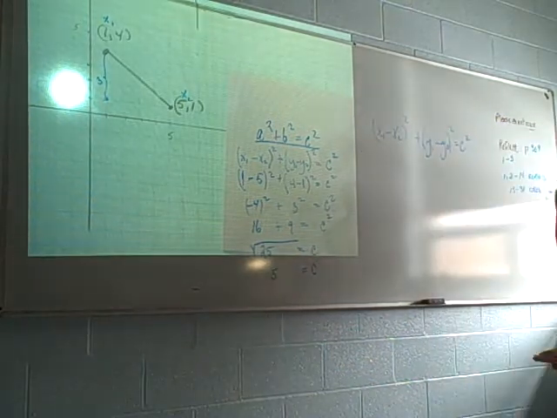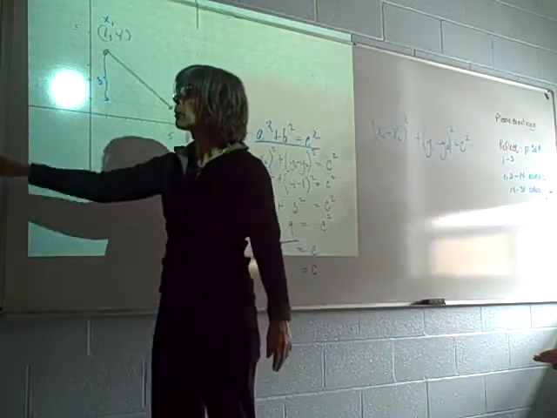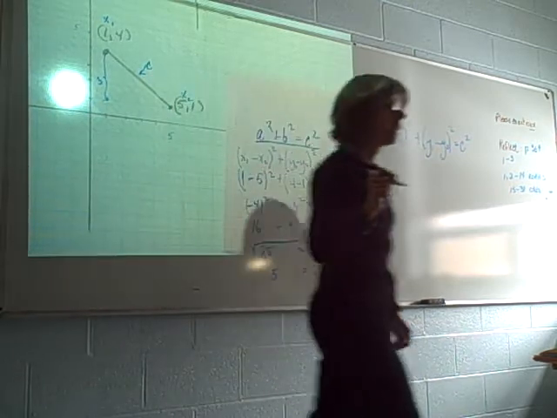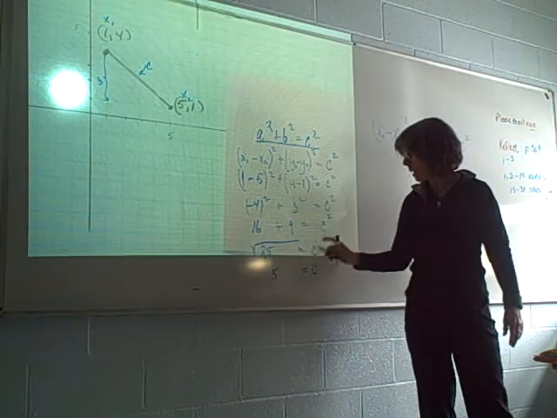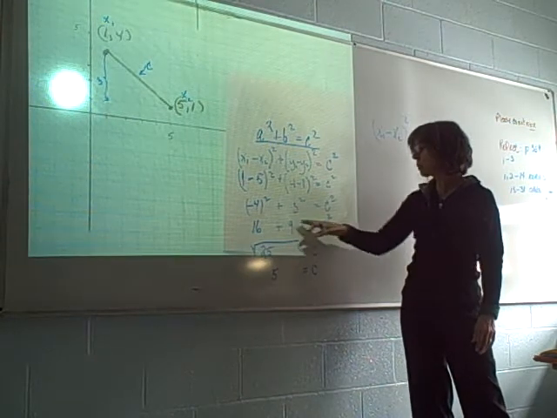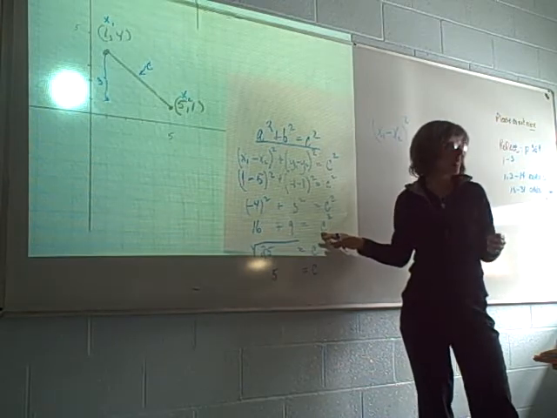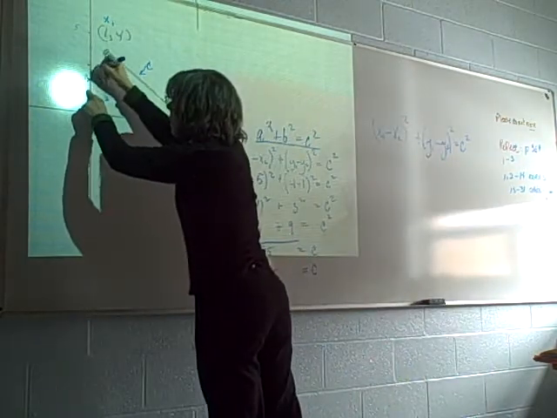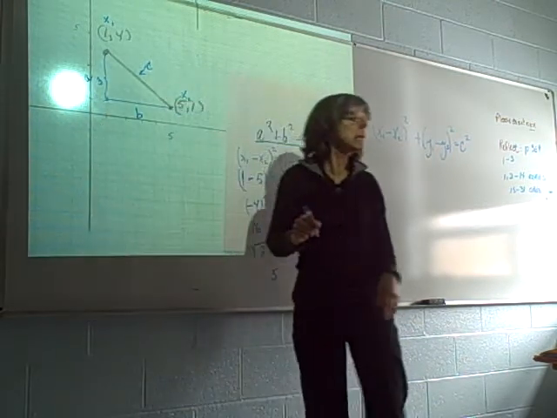Where is c on the graph? Whenever I have the Pythagorean theorem, the hypotenuse is always my c. But I don't want c squared. I had 16 plus 9 equals c squared? Okay, I don't want c squared. This is my a, this is my b, I want to know what c is.